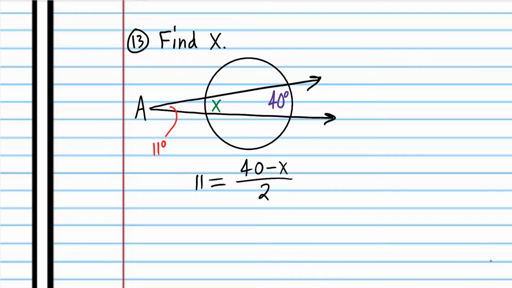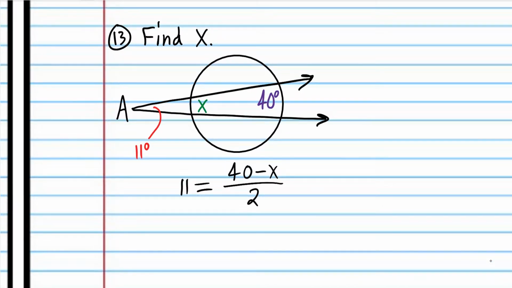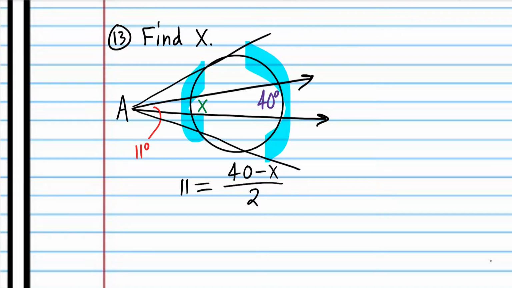So that's what the formula tells us. And this works for two tangents. If you have two tangents, the same principle works. The angle is just this arc minus this arc divided by 2.